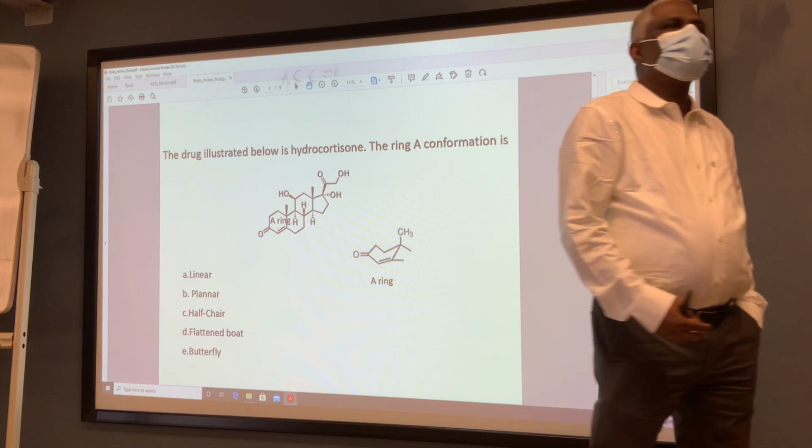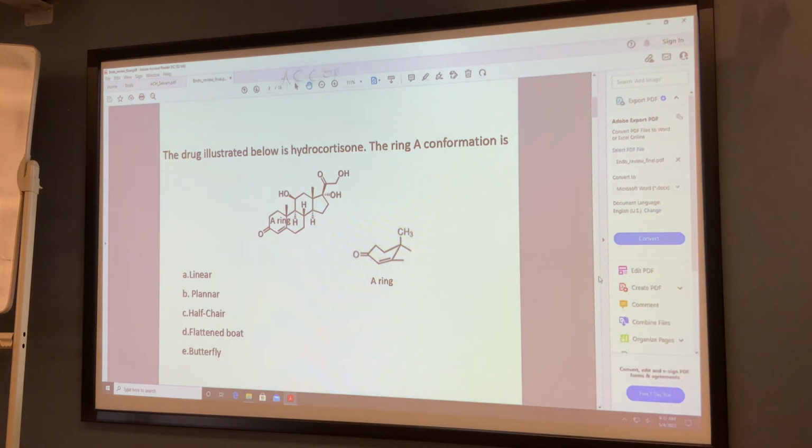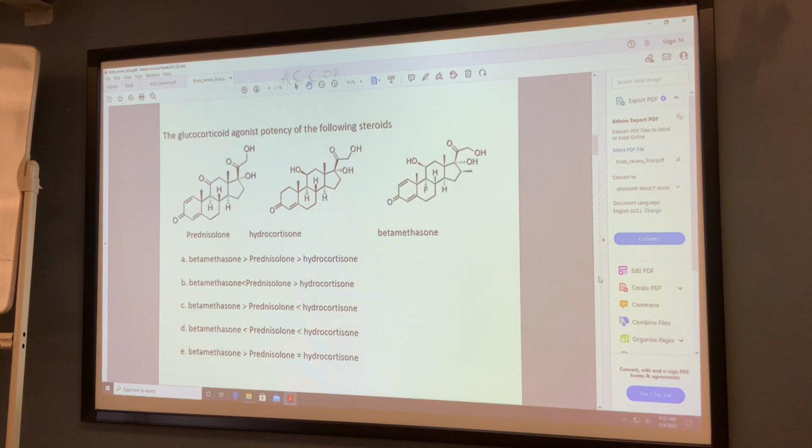What's the right answer? C is the half chair conformation. A is right.